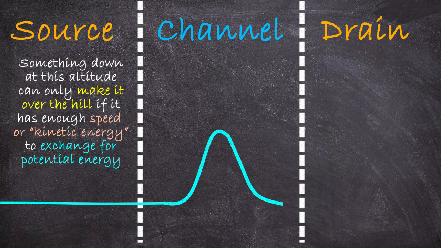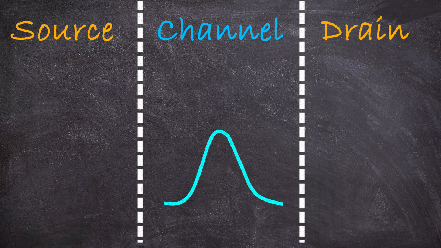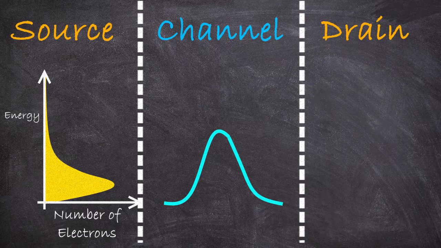So the analogy is actually pretty direct. So there's this big honking hill separating the source and drain, and in our source, we have all our electrons with a certain distribution of speeds.